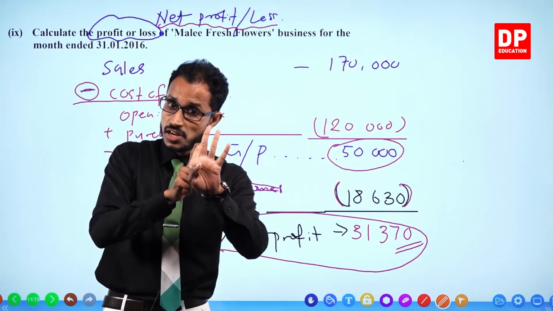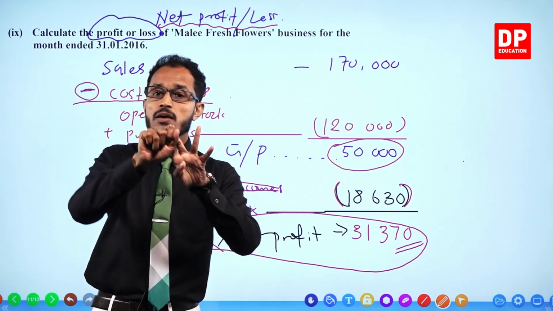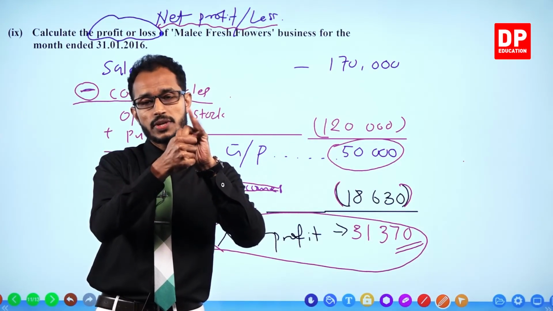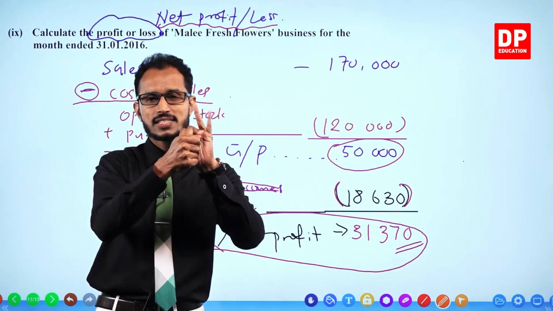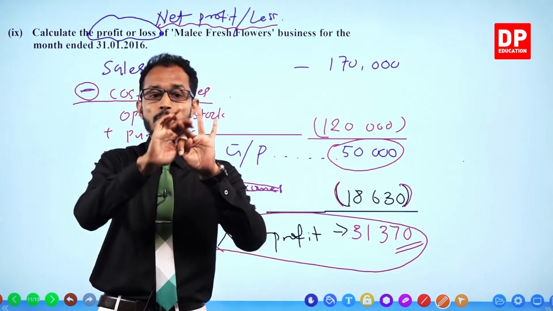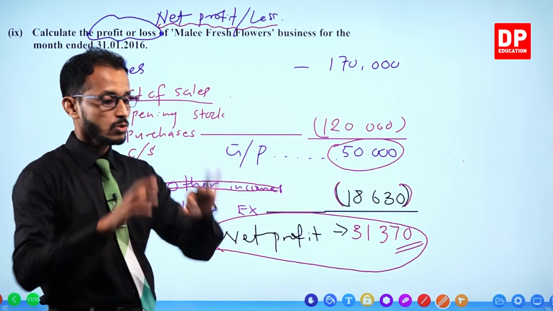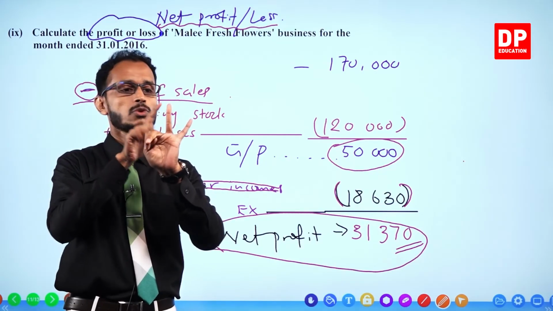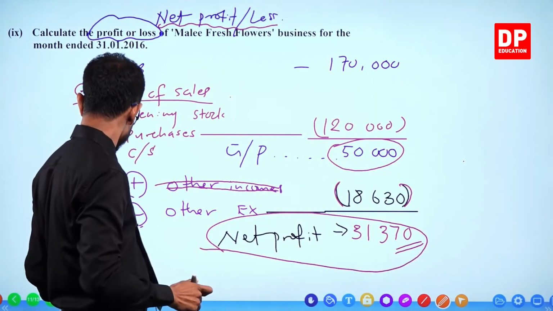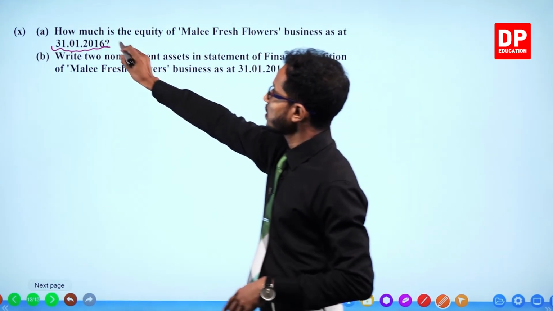Additional capital increases equity, profits increase equity. Leave those two, and these two are decreasing equity. What are these things? Drawings decrease equity, losses decrease equity, but both are not present in this case. No drawings, no losses. It's only a profit. So we will add this to the opening capital and we get closing capital.